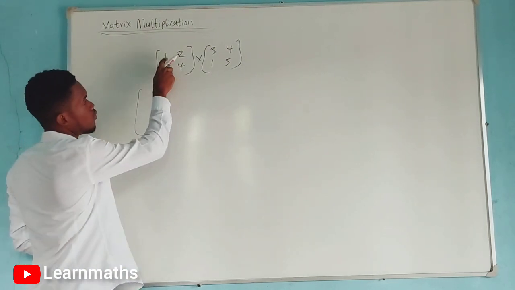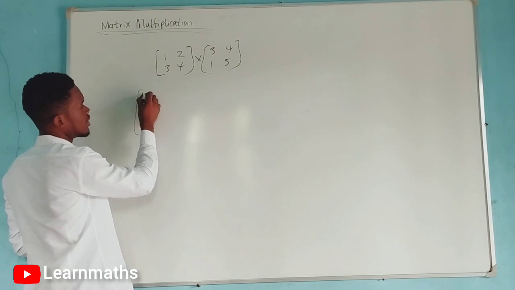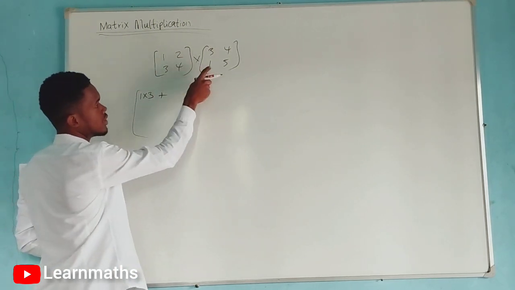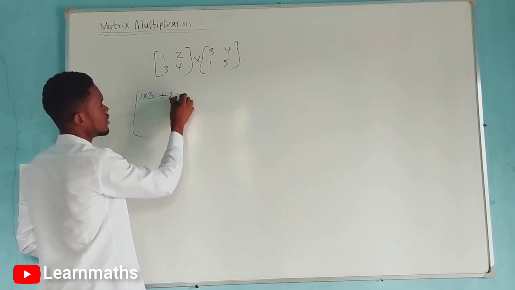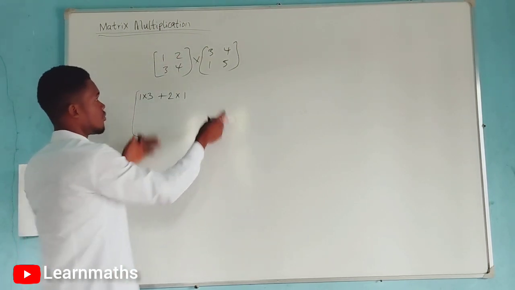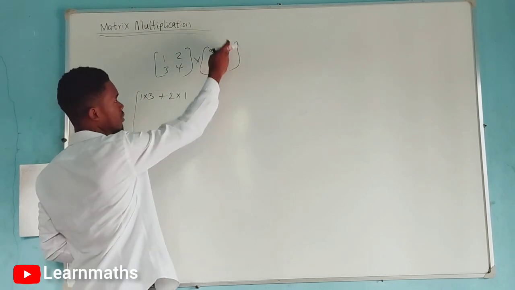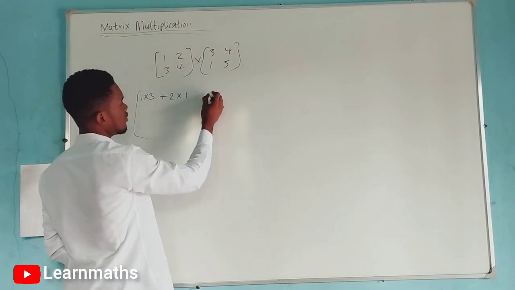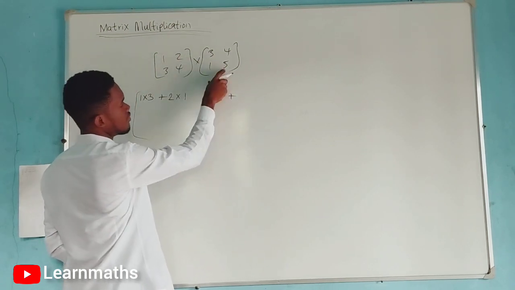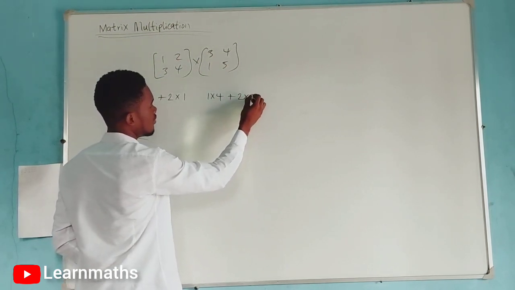Now we're going to have 1 times 3 plus 2 times 1. That's for this, multiplying this. Now, we're also going to use this same rule to multiply this column. So 1 times 4 plus 2 times 5.